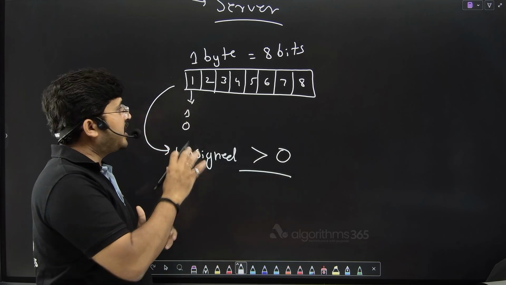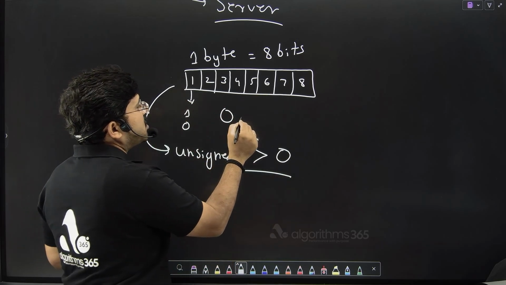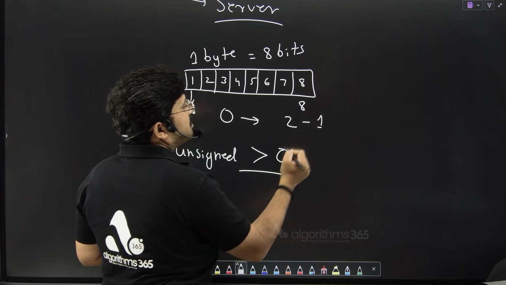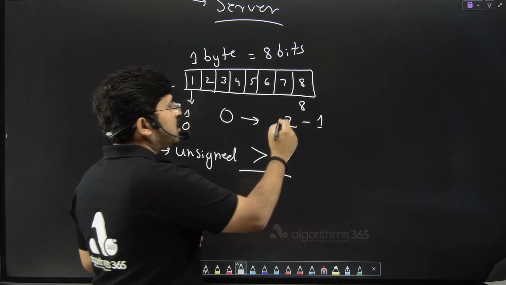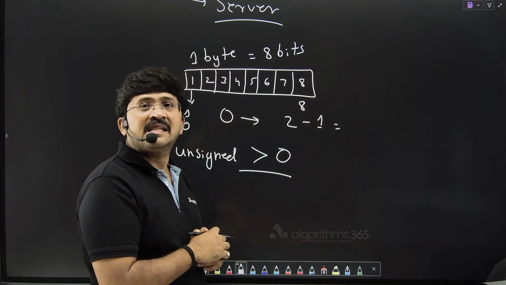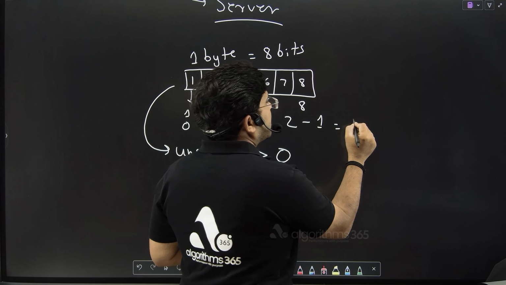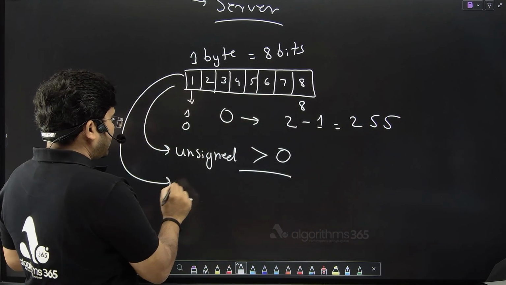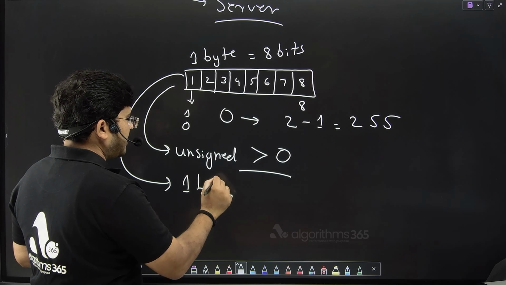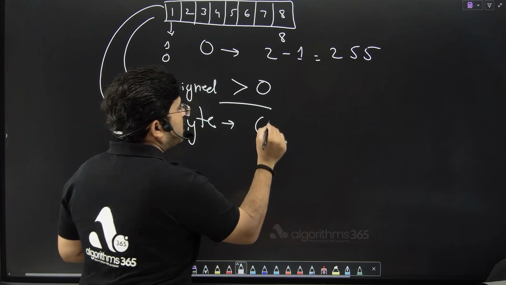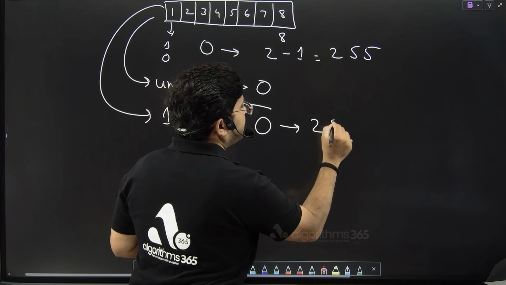So what is the range of values you can store? You can store from 0 to 2 to the power 8 minus 1. So how much is 2 to the power 8? It is 256 minus 1, so 255. It means if you have 1 byte of memory, you can store the values from 0 to 255.